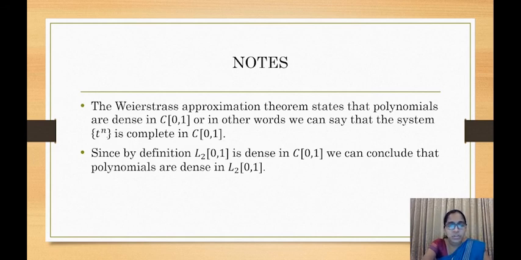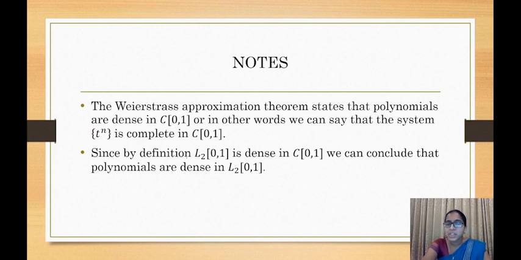So we can also say that the set t^n, or this system, is complete in C[0,1]. Why? Because using the approximation theorem we can say polynomials are dense, and this is the system of polynomials, so the linear span will be the polynomials, right? That is, this system set t^n is complete in C[0,1].